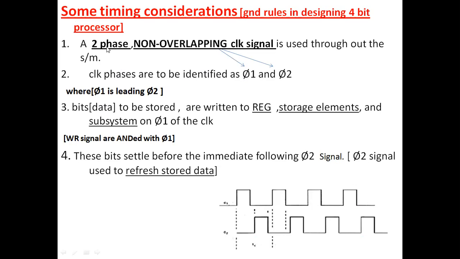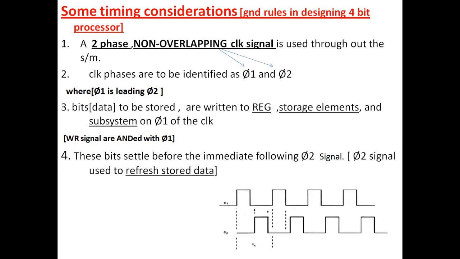We'll be using something called two-phase non-overlapping clock signals. For the design of any VLSI system, we can use a clock. Combinational circuits, for example multiplexer, decoder, encoder, adders, half subtractor, and full subtractor, do not require a clock.